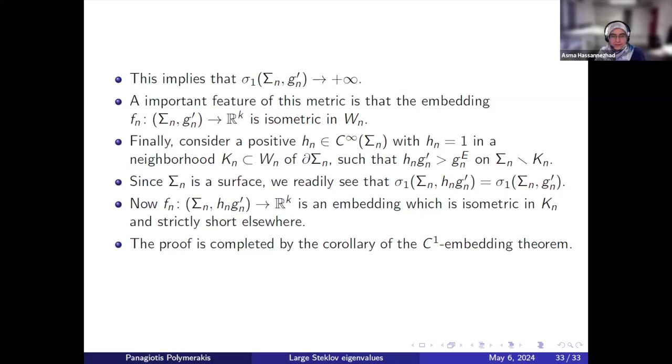Maybe I have a question. Here you are constructing a manifold either by a warped product or, in this case, a submanifold of Euclidean space, such that sigma 1 goes to infinity.